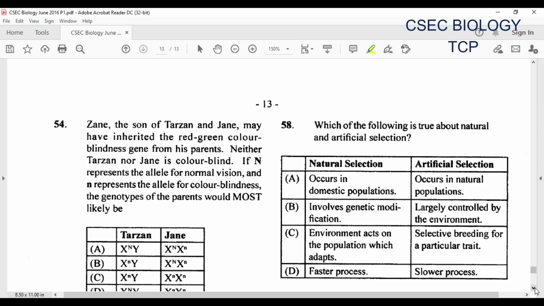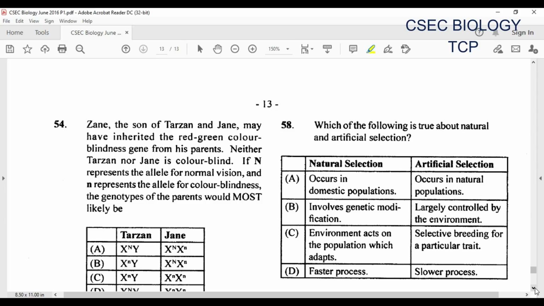So here when we talk about color blindness, this is a sex-linked inheritance. It means that a female can be a carrier, and in this case the male is going to either have it or he doesn't have it. Sex-linked, or we could say it's an X-linked trait, where the trait is carried on the X chromosome. By now you'd have known that the male has only one X while the female has two.